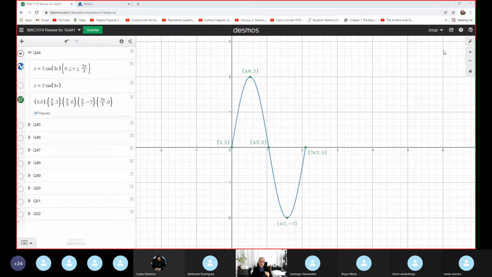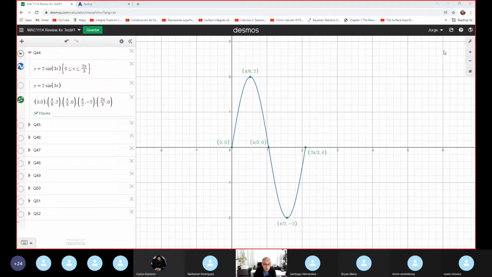You determine the period, and you determine the subinterval width, in this case pi over 6. And from 0, because I know by memory that the graph of the sine starts at 0, the graph goes 0, positive 2, 0 again, negative 2, and 0 again.